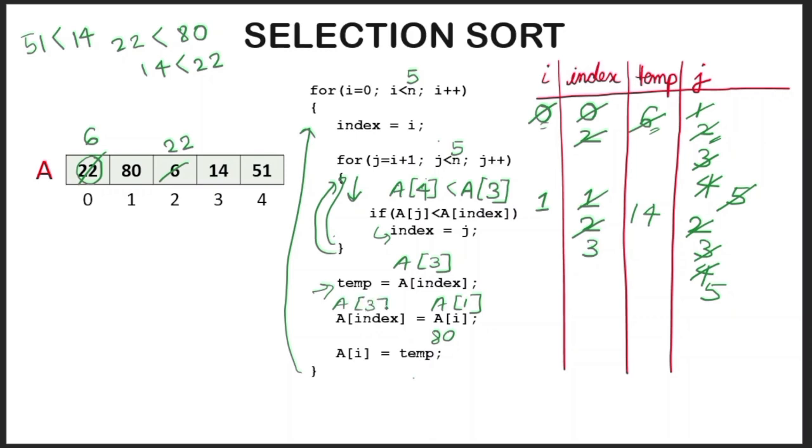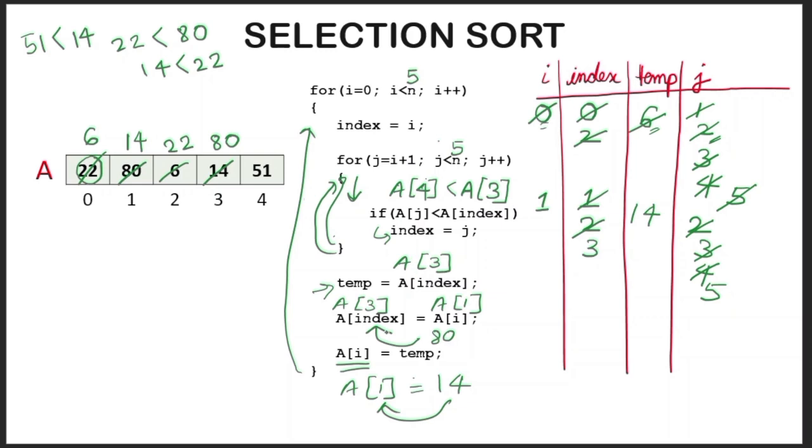A of 3. So a of 3 is assigned value 80. And a of I, a of 1, is given value temp. Temp is your 14. So a of 1 is where you are assigning the value 14 to it. So here is your 14.